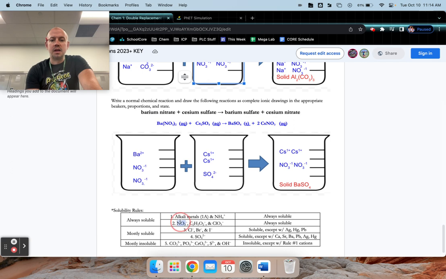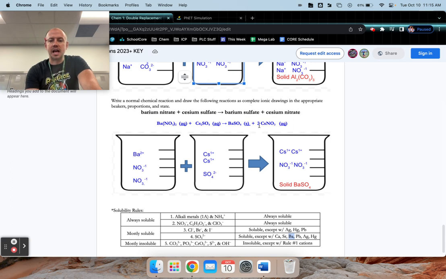Right down here, because I have NO3, that is soluble or aqueous. Because I have cesium, an alkali metal, column 1, that is aqueous. Barium sulfate. Sulfate is rule number 4. It should have been soluble, but in this case, it's with barium, so it is insoluble.